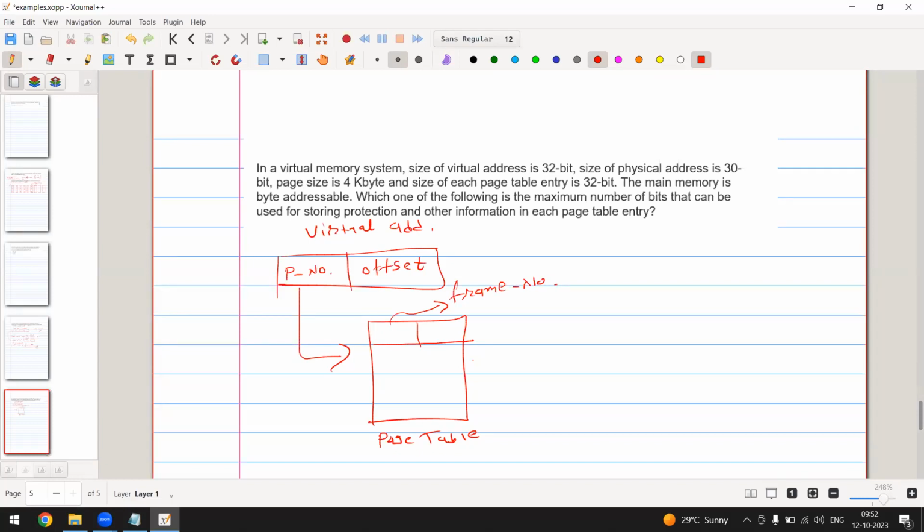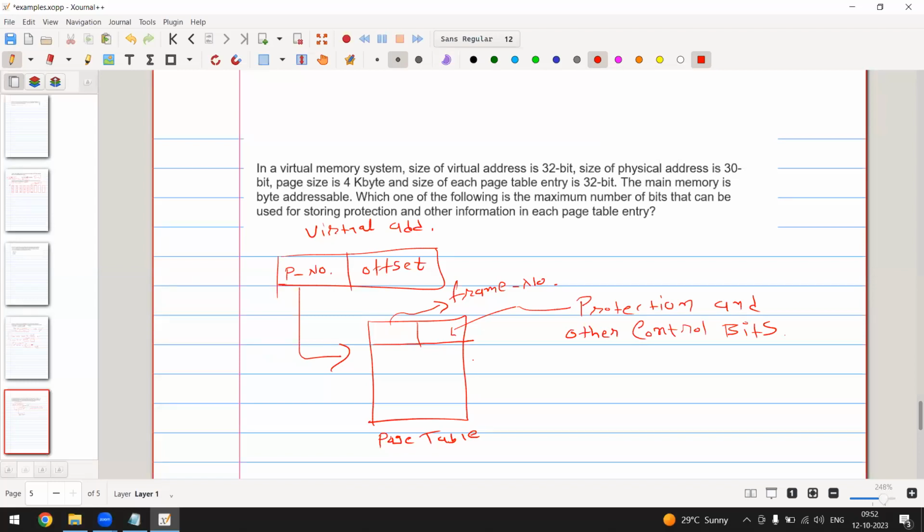So it is giving you the detail of a frame number, and the other part is storing the protection and other control bits, right? So very simple.